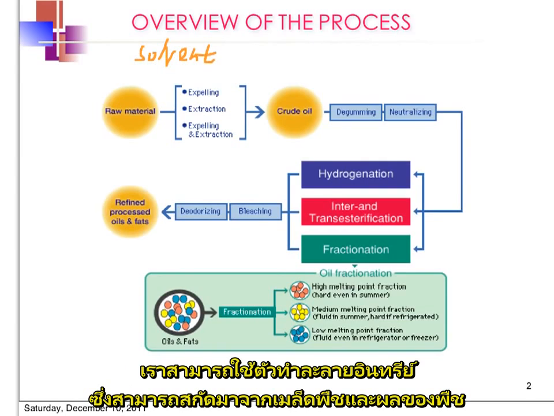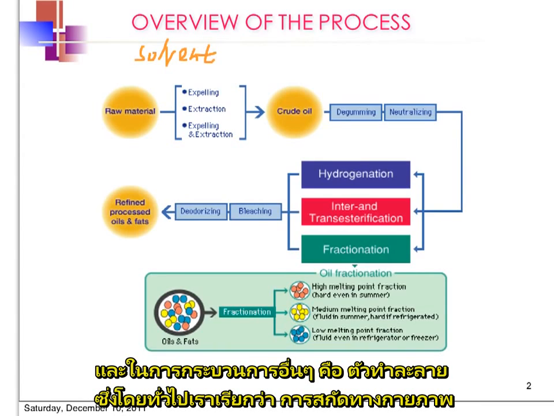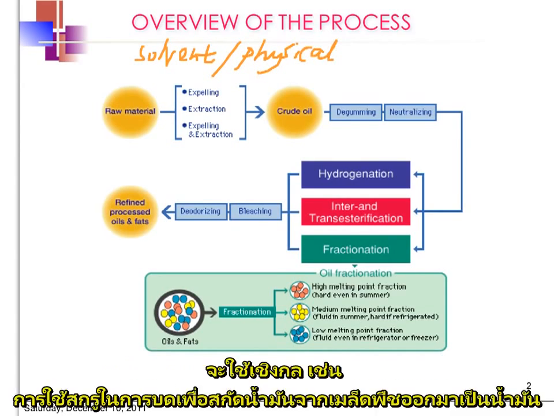This is a solvent extraction, which will extract the fat or the oil from the fruits or from the seed. And another process is without using solvent, which we call physical extraction. Usually this is using a mechanical press, for example a screw press, to expel or to extract the oil physically out from the seed or from the oil.